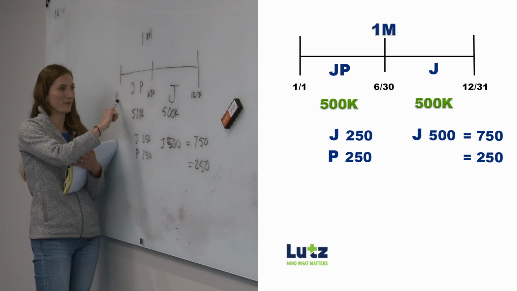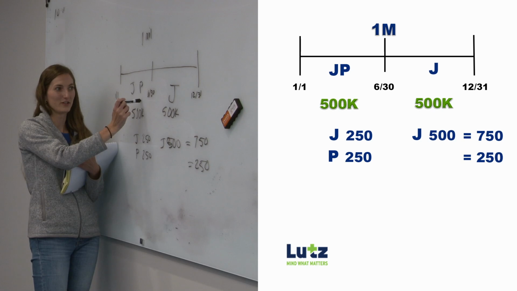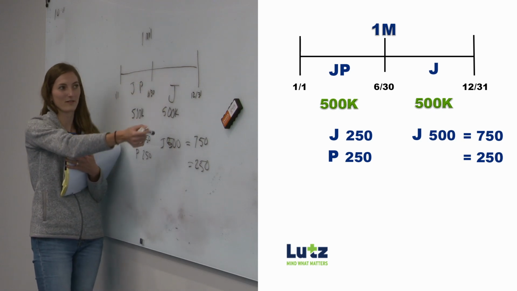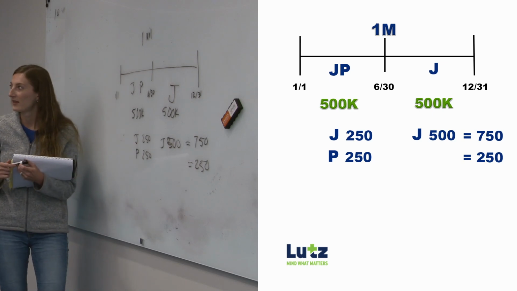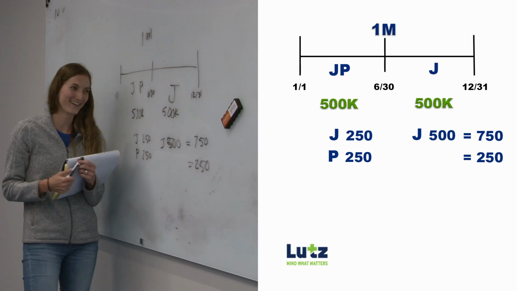From 1 to 6, when the buyout happened, Jay should get half, he should get half, and then after the buyout, Jay should get the remaining. That's right so far.